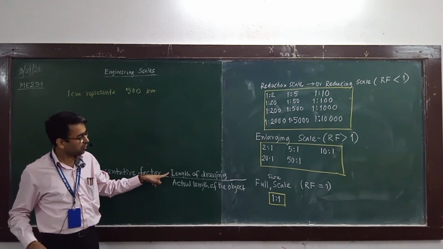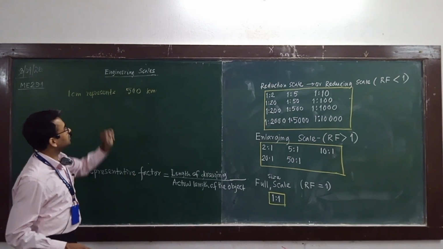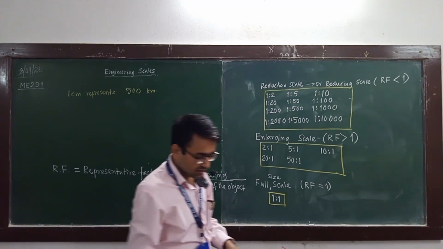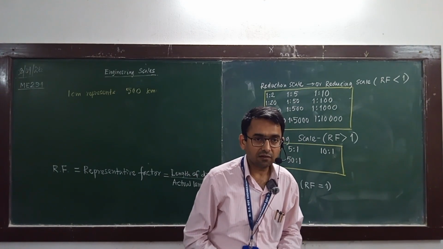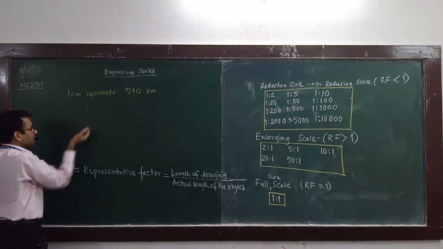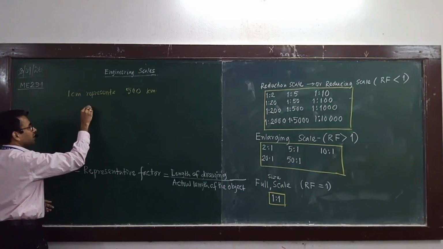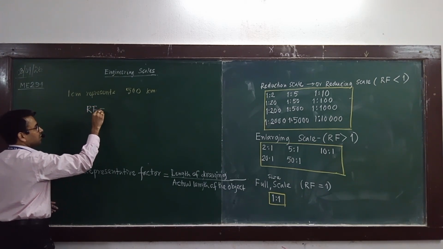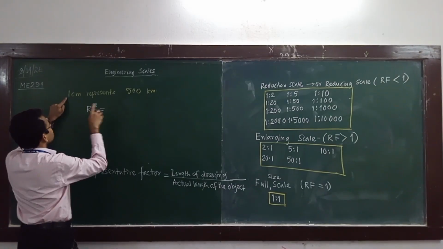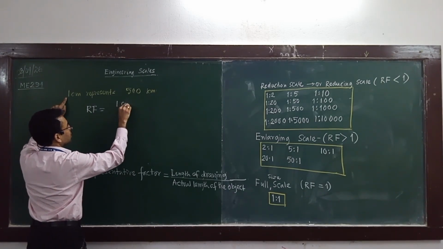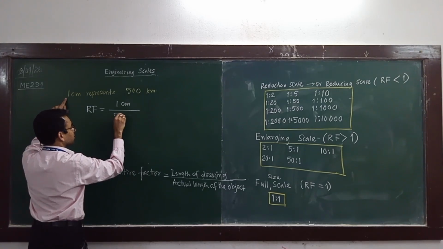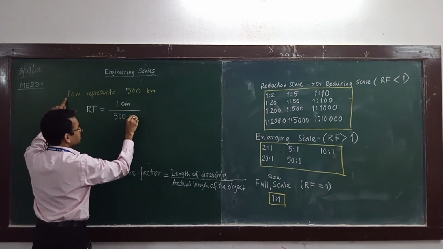Try to answer. If 1 centimeter is representing 500 kilometers, so RF, what is that? Length of the drawing is 1 centimeter, and actual size is 500 kilometers.